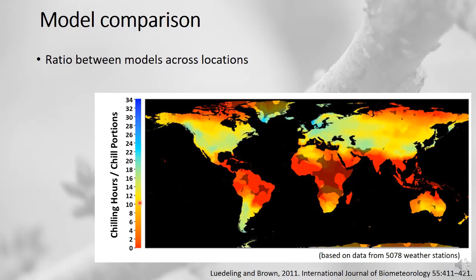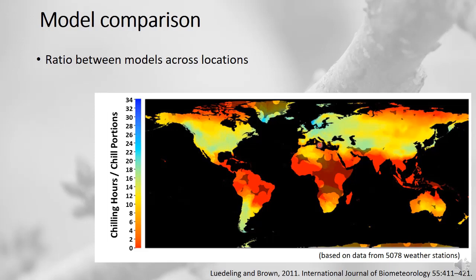So this is a massive difference. And we can also go back to our pistachio example and look at what we see in Turkey. We have a ratio here of maybe something like 15 or so between chilling hours and chill portions. And here in Tunisia, this ratio is probably around 4 or 5.